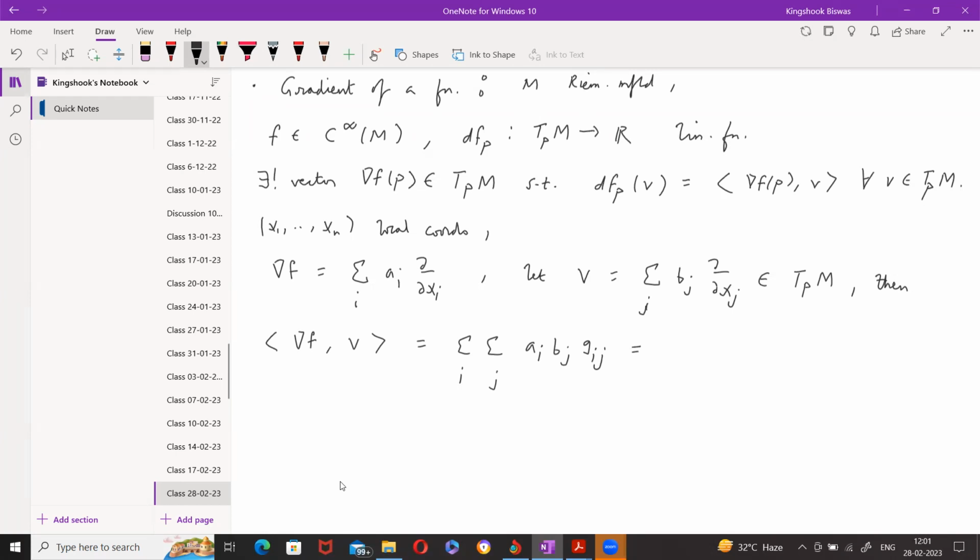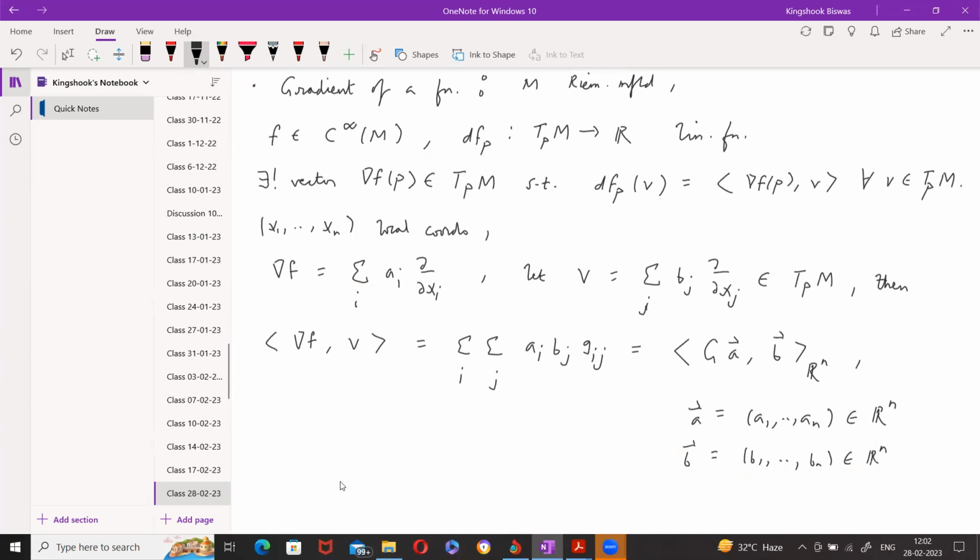And this I can write as an inner product in Rn of the matrix Gij, let me call that capital G, acting on the vector A in Rn, inner product with the vector B in Rn, where A is A1 to An and B is B1 to Bn.